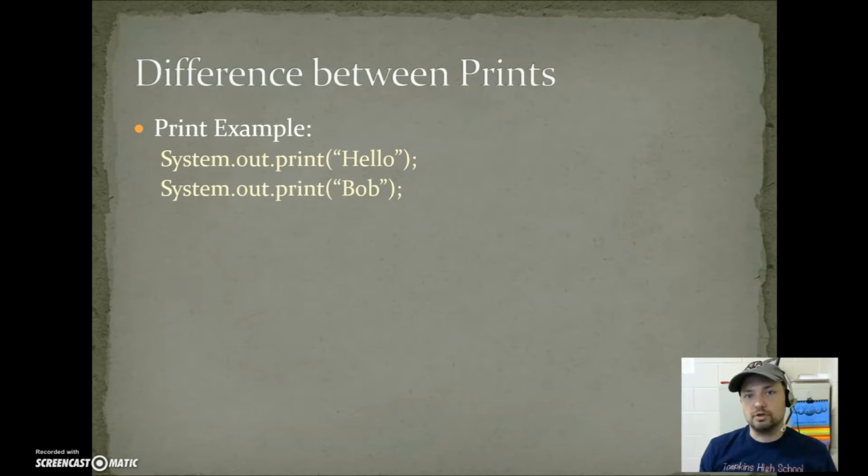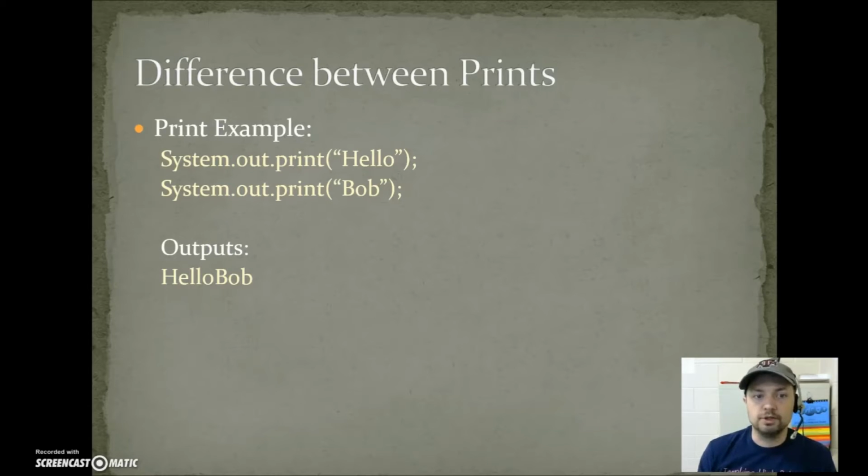For example, we're going to show you the difference between the two. If you had system.out.print hello and then followed by the command system.out.print Bob, those are both print commands, meaning it prints exactly what you had and then does not advance to the next line. So you would get hello and then Bob would follow immediately after that.